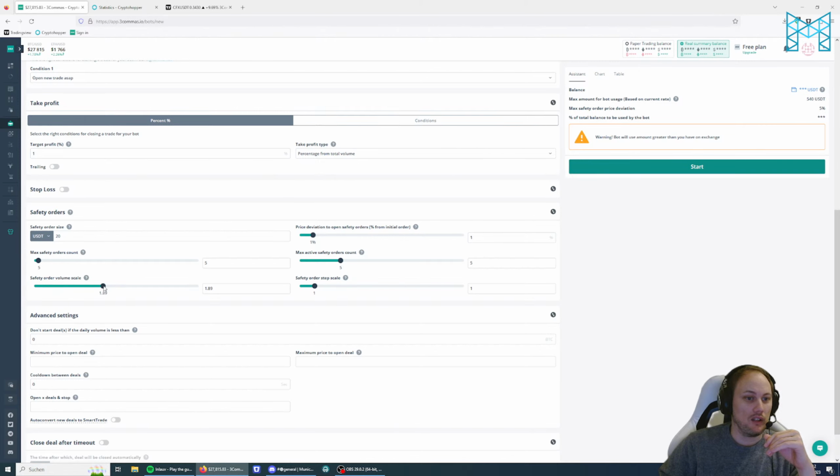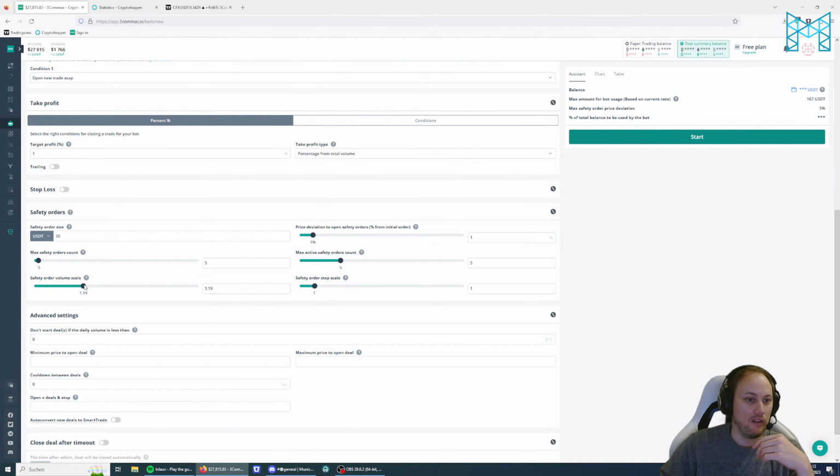So 2 means 2 times this 20, so the first safety order will be 40. You can play a bit and find the settings, maybe 1.05, because the money increases a lot, of course. Then it's 20 multiplied by 1.05, and so on. So it increases the volume of the safety orders once you're going lower and lower.